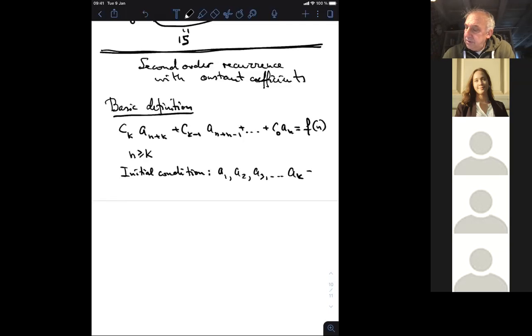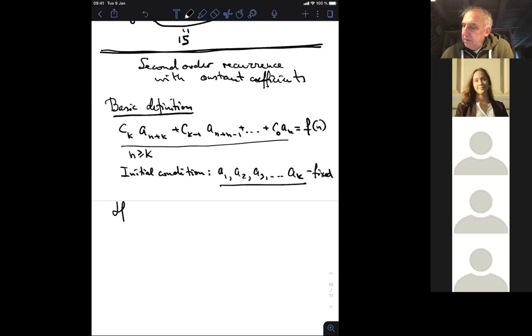These are fixed. And once we have them, we can use our recurrence to get a_{k+1}, a_{k+2}, and so on.